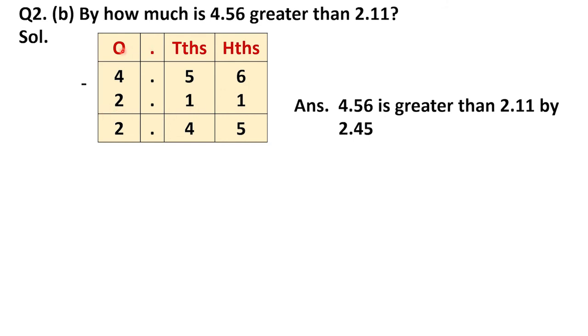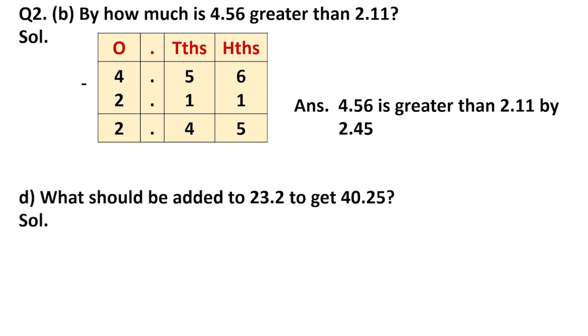So we have ones place, tenths place and hundredths place, and the decimal point. So when we subtract 6 minus 1 we get 5. 5 minus 1 we get 4. Decimal point will come below the decimal point. Then 4 minus 2 is 2. So we are getting 2.45. So 4.56 is greater than 2.11 by 2.45.